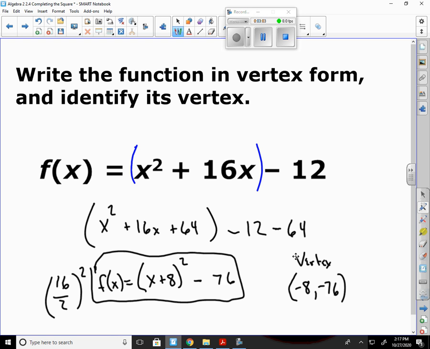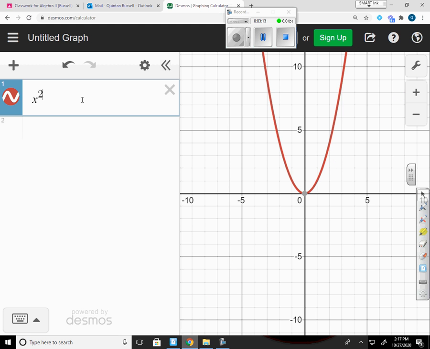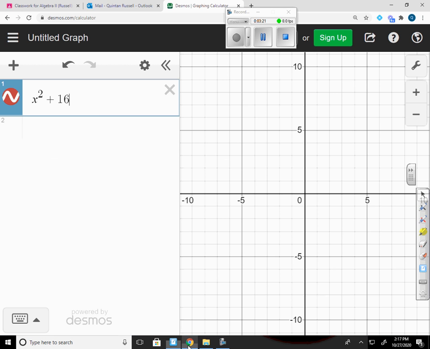And I'm done. If you don't believe that that's the vertex, why don't we graph it and see if we can find the vertex of this function. If I go to Desmos, I can graph this. X squared plus 16x minus 12.